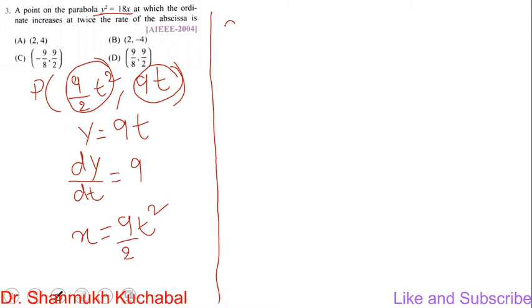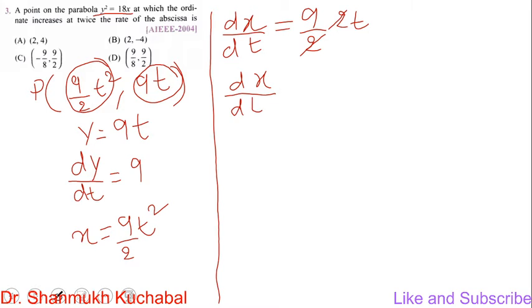So x differentiation is dx by dt, 9 by 2 as it is constant. t square differentiation is 2t. 2 gets cancelled, so dx by dt equal to 9t.